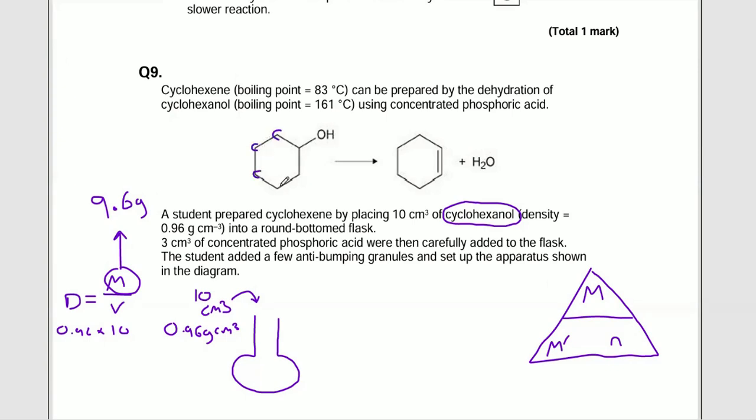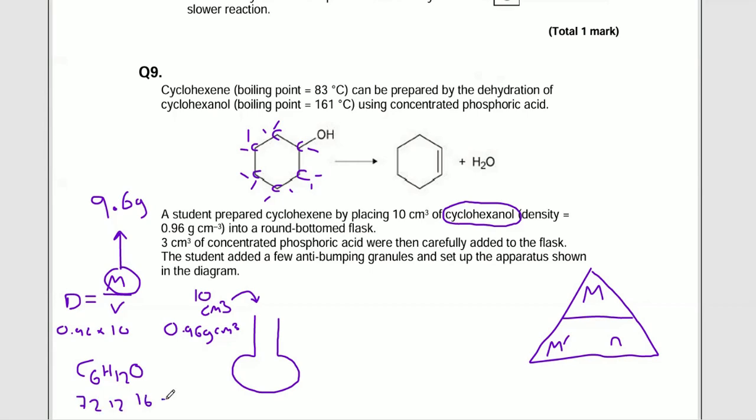Now I can bring that over here and work out the Mr of cyclohexanol. There are 6 carbons, an OH, 1 H coming off there, and 2 H's off every other carbon. So 1, 2, 3, 4, 5, 6, 7, 8, 9, 10, 11, 12. There are 12 H's, so C6H12O. So we need to work out the Mr of cyclohexanol, then we can do mass over Mr. 6 times 12 is 72, plus 12 is 84.